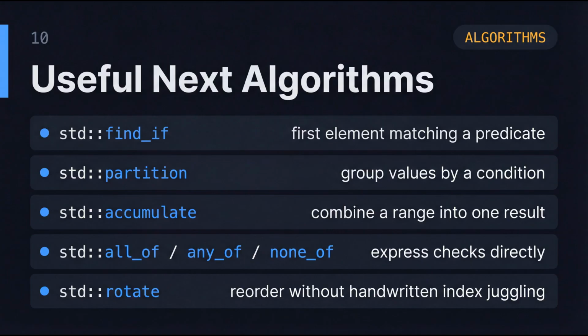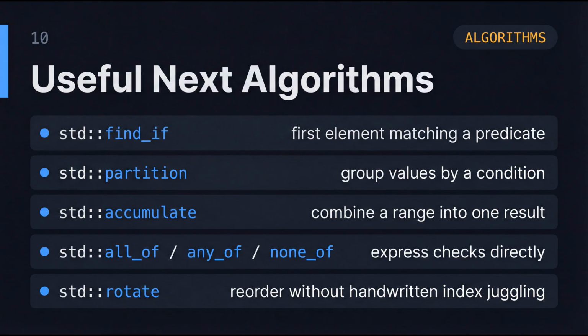Five algorithms worth learning next. find_if returns an iterator to the first element matching a predicate. Essential for searching by condition. partition rearranges elements so everything matching a condition comes first. Useful for grouping before processing. accumulate combines a range into a single result using an operation.